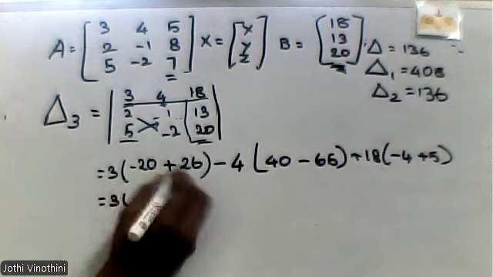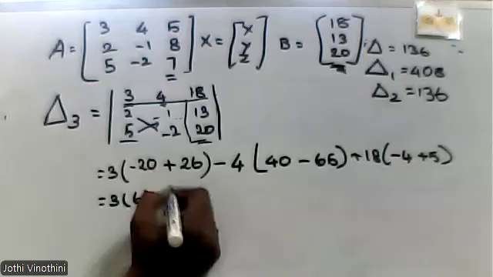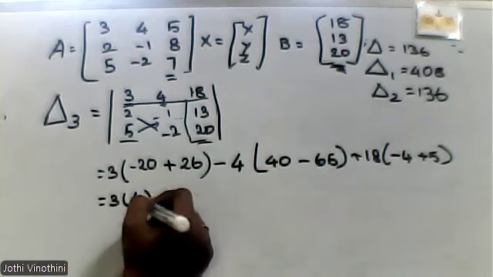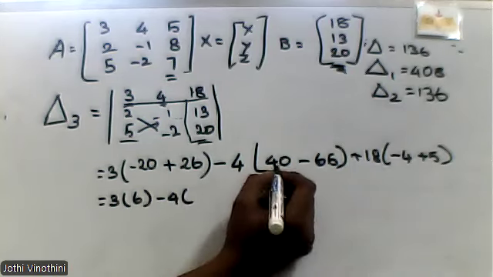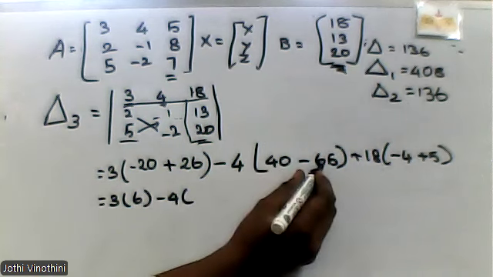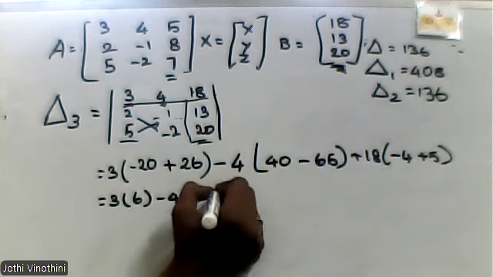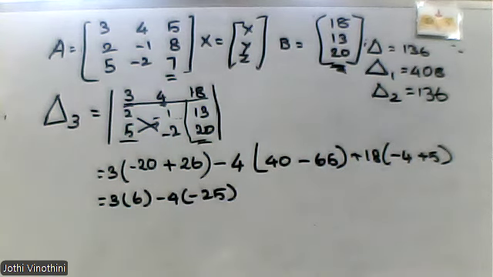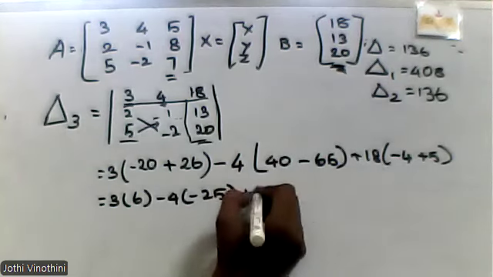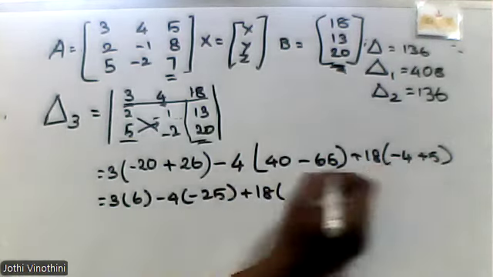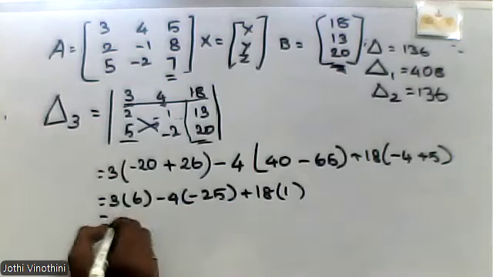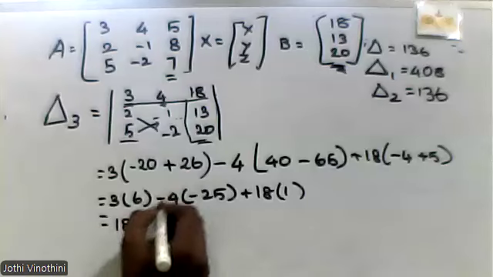So 3 multiplied by minus 20 plus 26, 6. Minus 4 plus 40 minus 65 is minus 25. Here. Okay. And here it is 18 multiplied by minus 4 plus 1, which is 1. So it becomes 6 threes are 18.